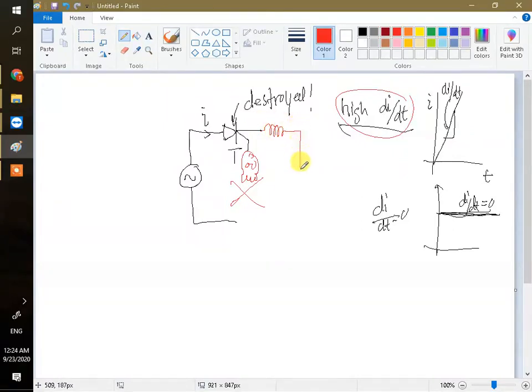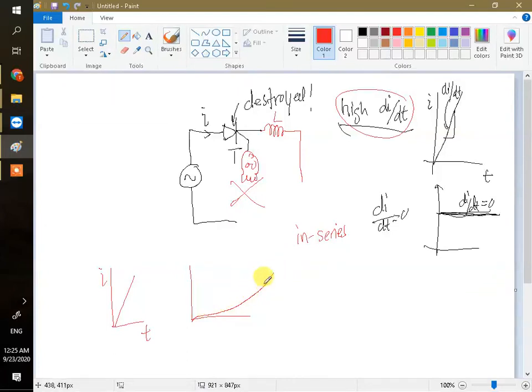You place the inductor in series with the transistor, because the inductor will slow down the current. When you have this kind of current, I and T, going through the transistor, and you put the inductor here, the current will be like this. It will slow down.